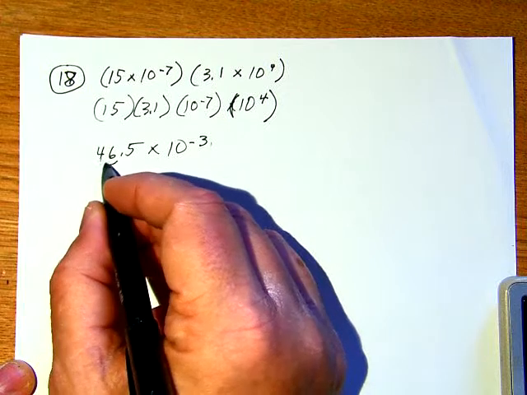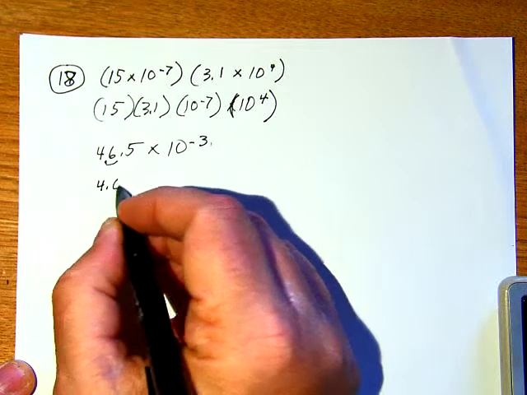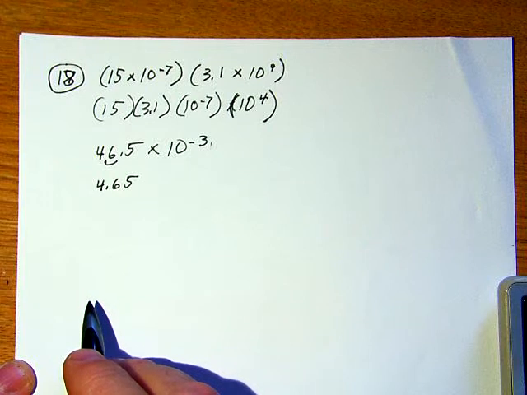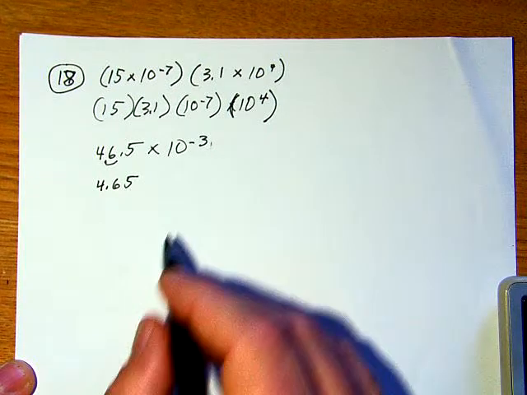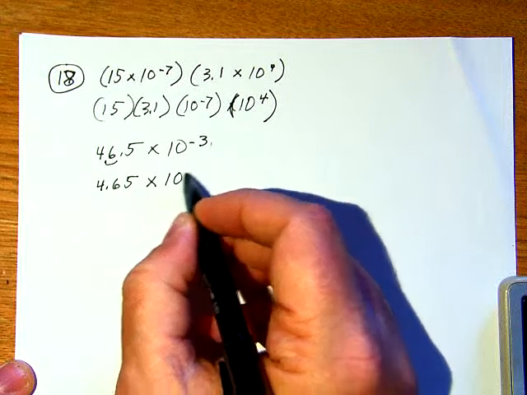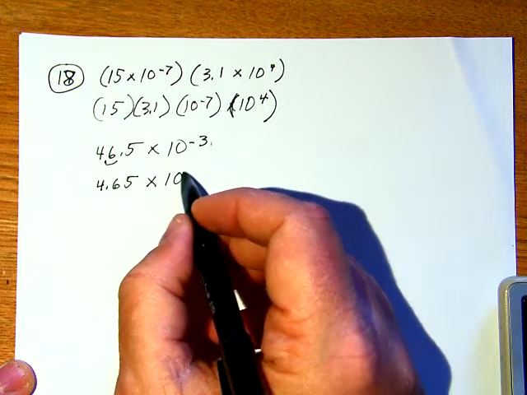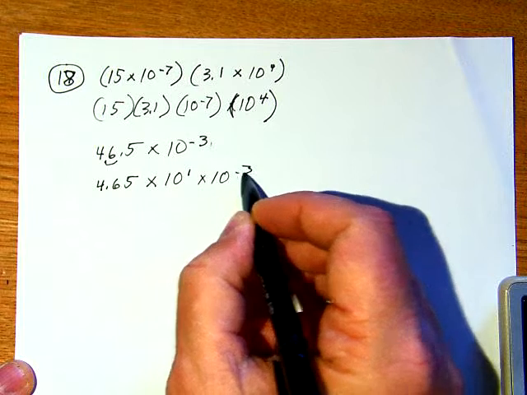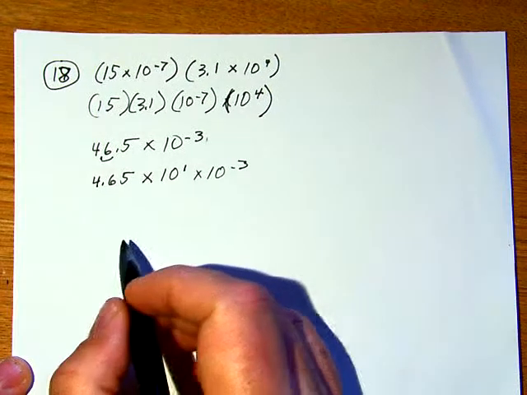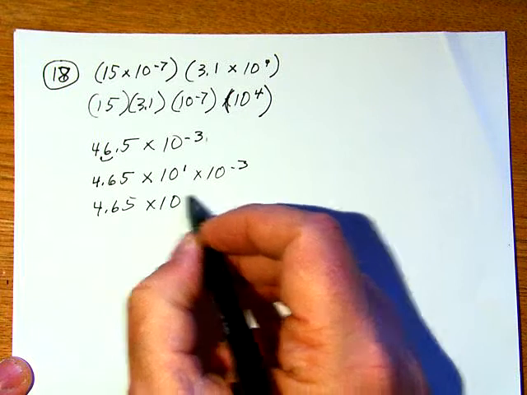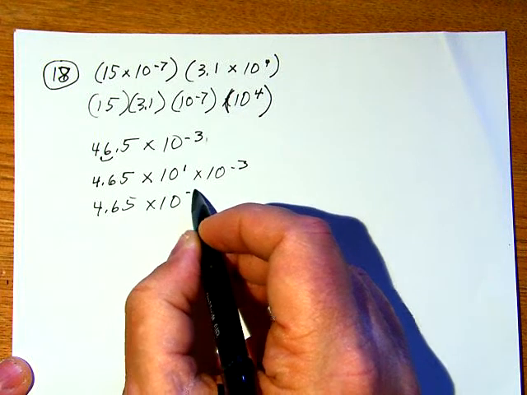So we're going to move the decimal place over, make the factor 4.65. Since we moved it to the left, we are going to add an exponent, so that's 10 to the first, times 10 to the negative 3, and when we add exponents we get 4.65 times 10 to the negative 2.